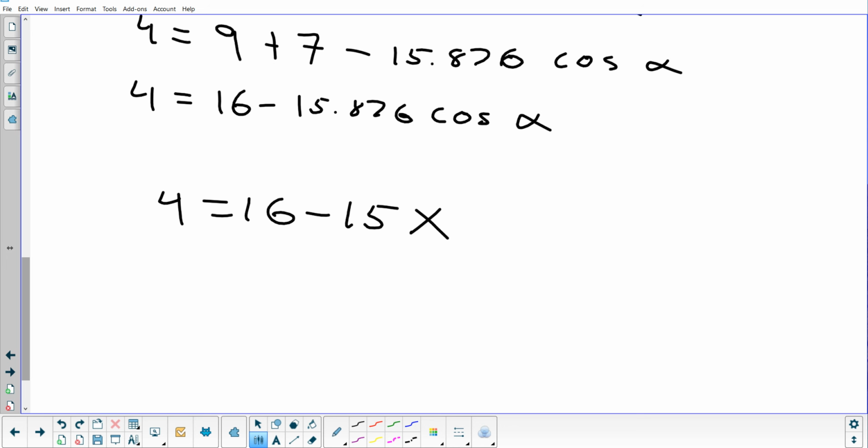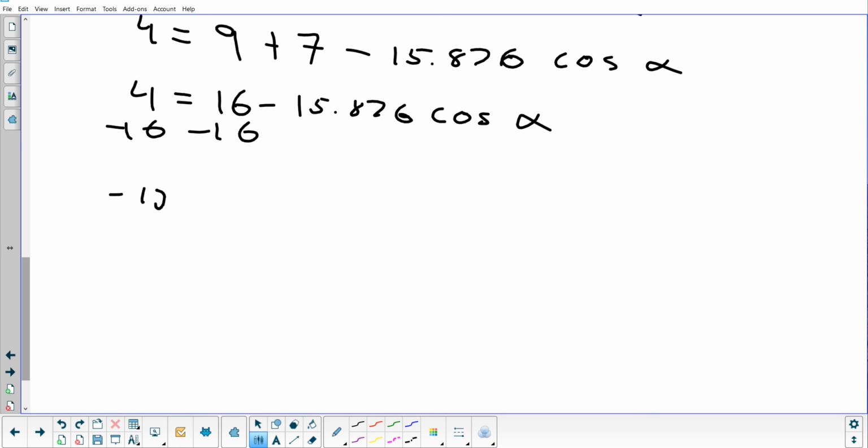If you want to get the variable by itself, what would be your next step in this equation? Yep. Subtract 16, and that's exactly what you have to do up here. You cannot do 16 minus 15. Those aren't like terms. And they're not like terms up here. Same reason. So bring the 16 to the other side.